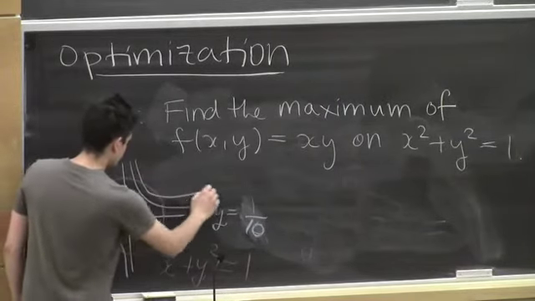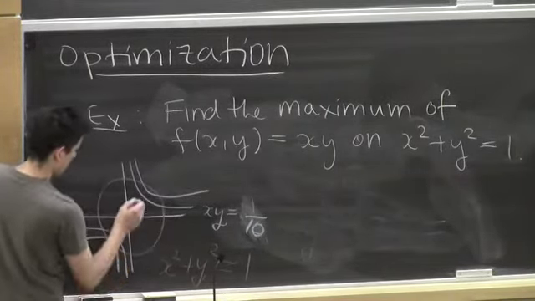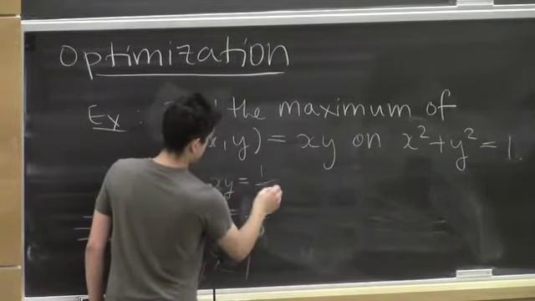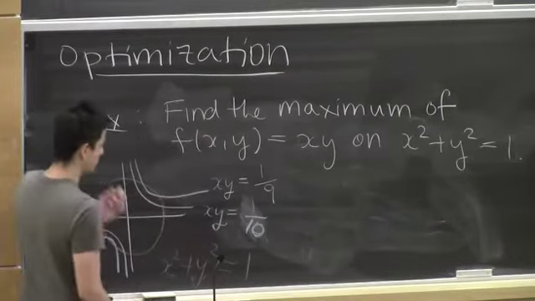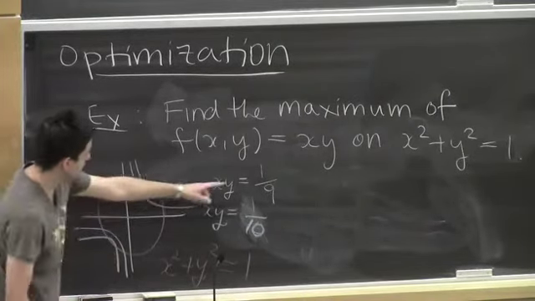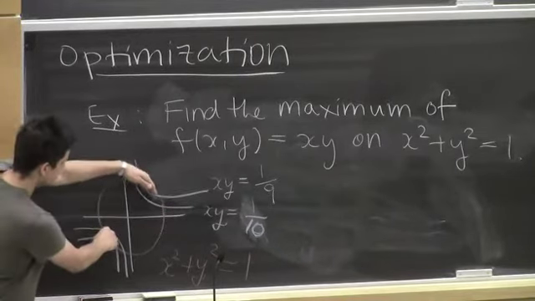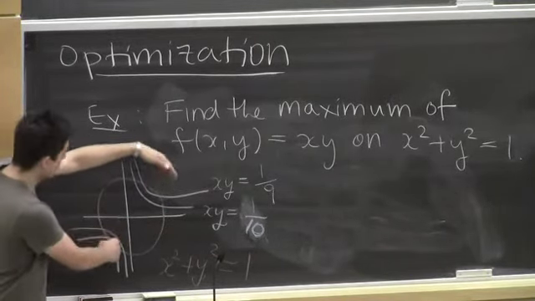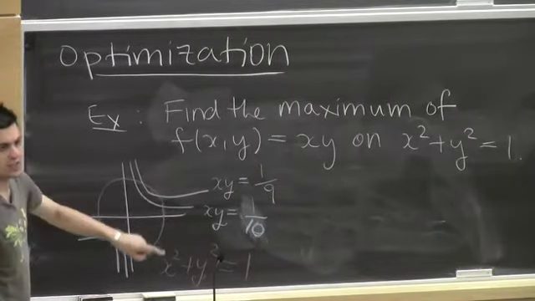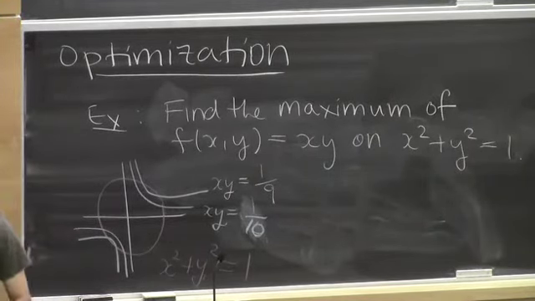Then we get another level set like this. And we can see that as we increase this value of k, these level sets are going to move out and out. They're going to get closer and closer to being tangent to our circle.